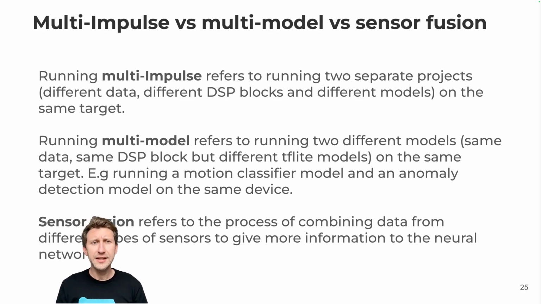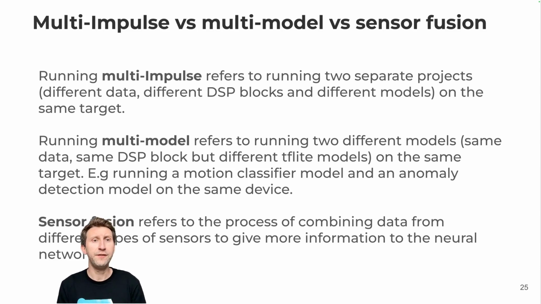Running multi-impulse refers to running two separate projects, with different data, different DSP blocks, and different models on the same target. So basically running two projects. Running multimodal refers to running two different models, with the same data and same DSP, but a different TensorFlow or at least machine learning model on the same target.